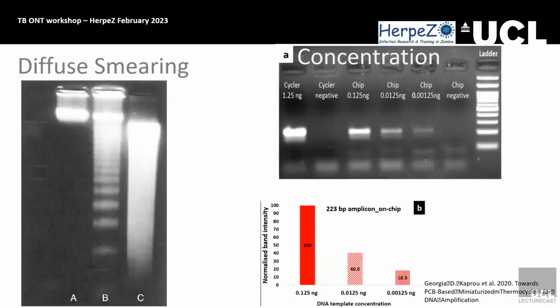Like she was relaying earlier, you want discrete bands and not this smear. You want discrete bands, like you can see on the right-hand side. If you've got that smear, it means you've got lots of smaller chunks of DNA, and for some reason, despite it being long read technology, it preferentially seems to sequence the small bits you don't want.